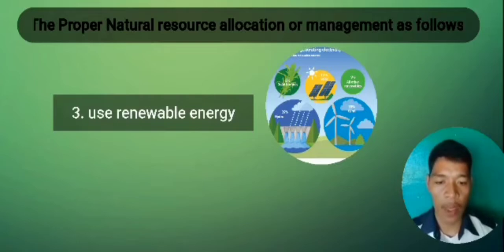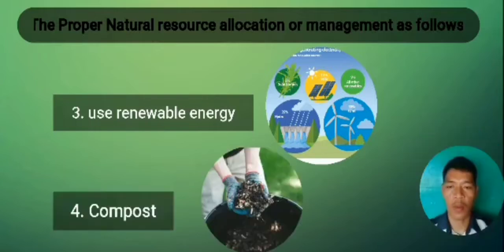Using solar panels or wind energy can significantly reduce our reliance on natural gas and cut back on resource depletion over time.